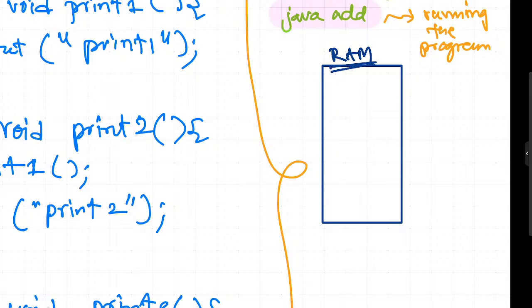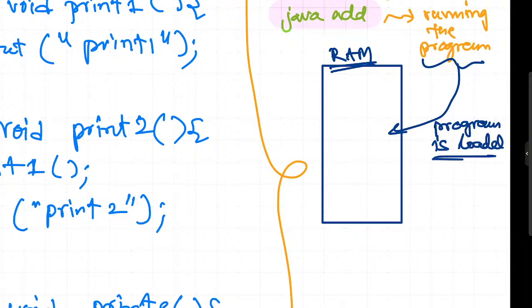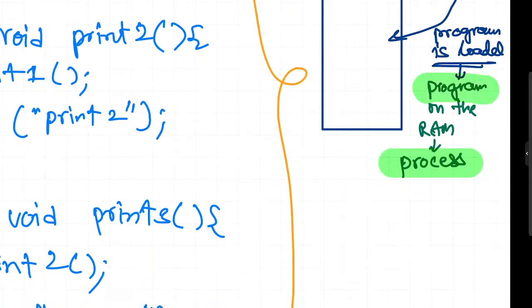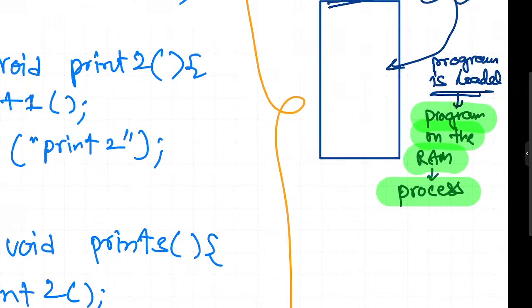In this RAM your program is loaded, and this program when loaded on the RAM is known as a process. Remember this, this is very important. Program on the RAM is a process.